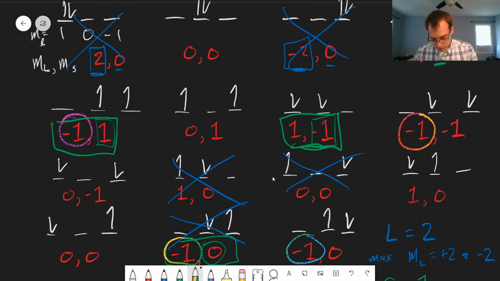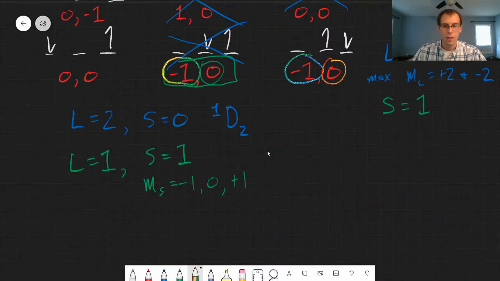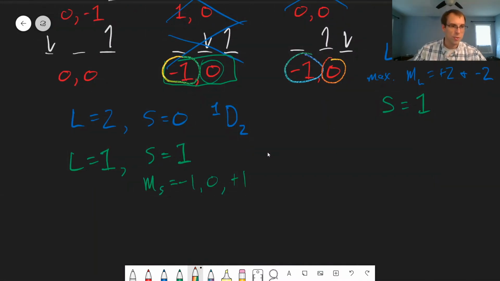But these 3 cases where we have -1, we have 3 different M sub S values. We have a +1 M sub S value, a -1 M sub S value, and a 0 M sub S value. So we can see that there's an associated S equals 0 that goes with this L equals 0. Okay, and that tells us we have an L equals 1, S equals 1 term that goes here.